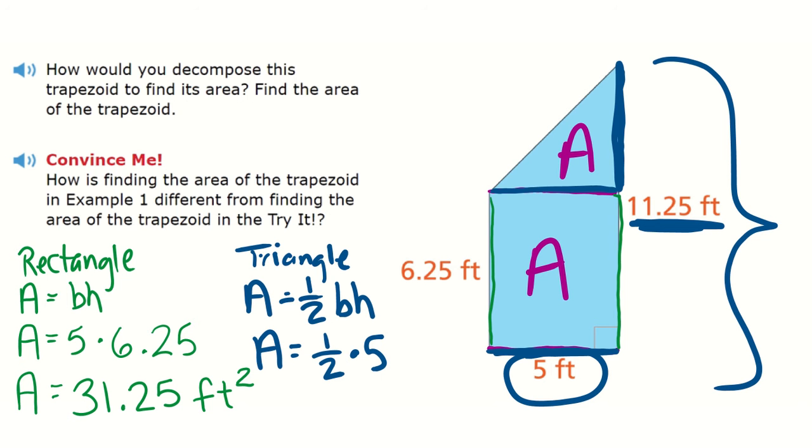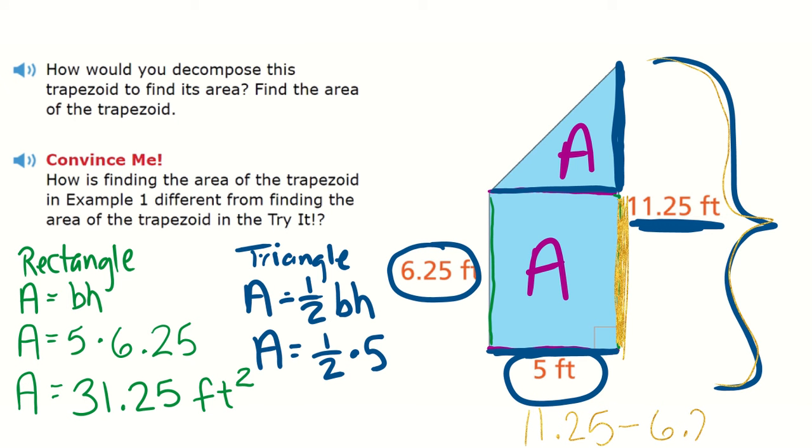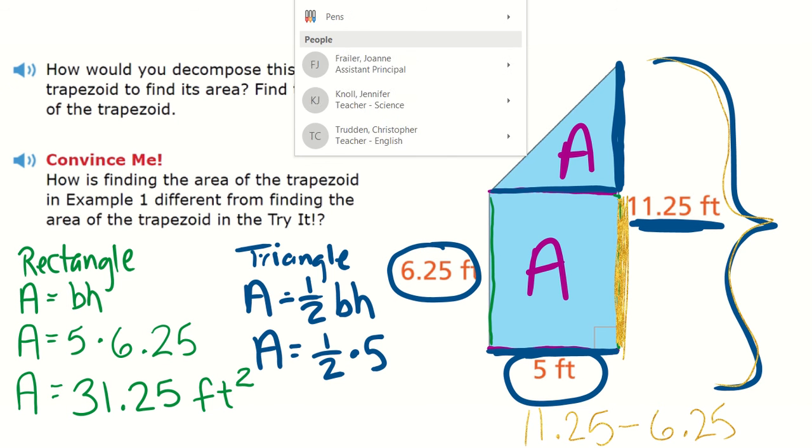We are given this 6 and 25 hundredths feet, but that actually refers to just this right here, this height. So if we know that the whole height is 11 and 25 hundredths, and we've already used up this height here, the height of the rectangle, we can say 11 and 25 hundredths minus 6 and 25 hundredths will give us the height of the triangle.